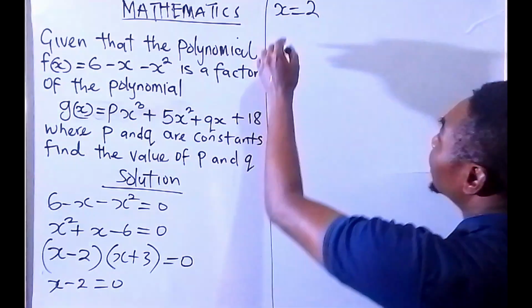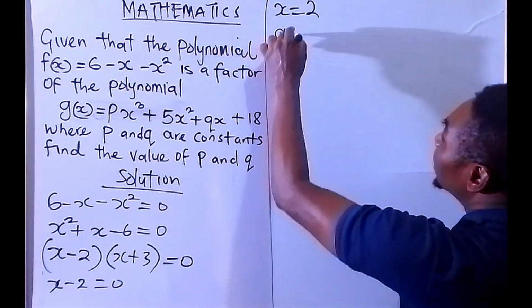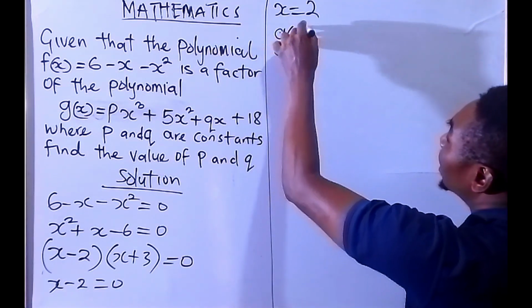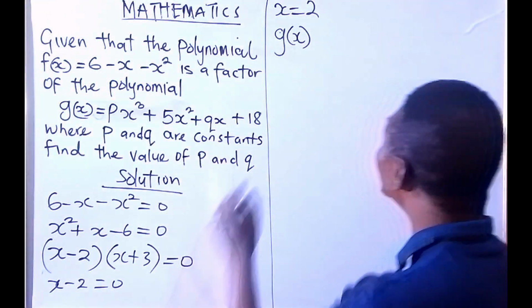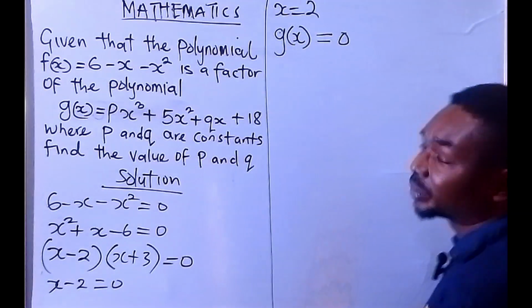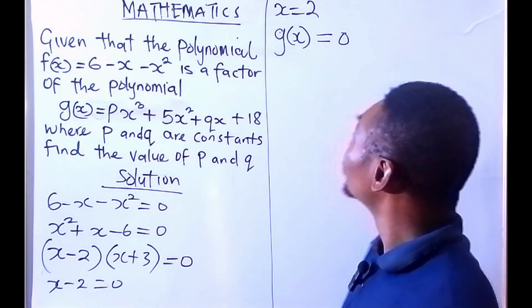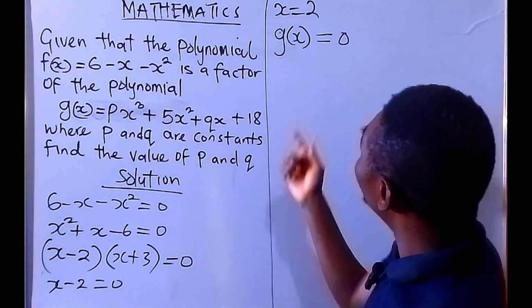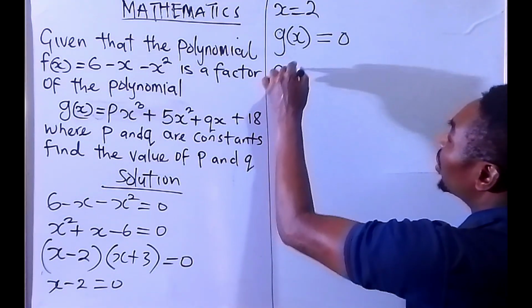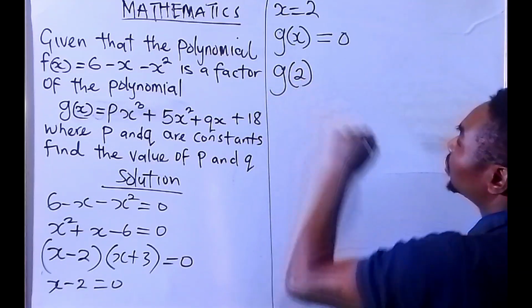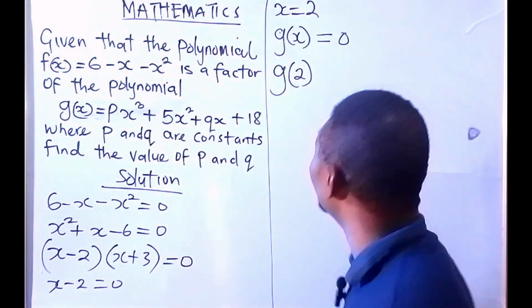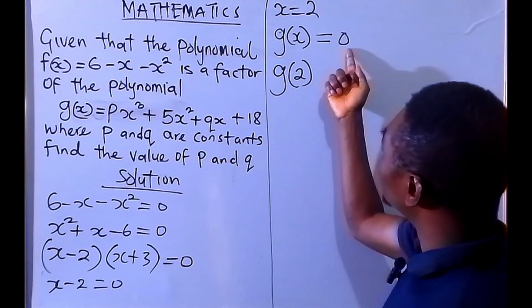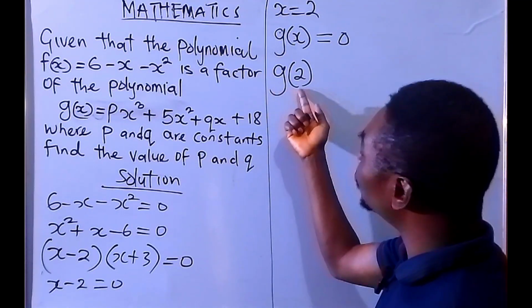So it means that this function g of x must be equal to 0. So now g of 2 also must be equal to 0.